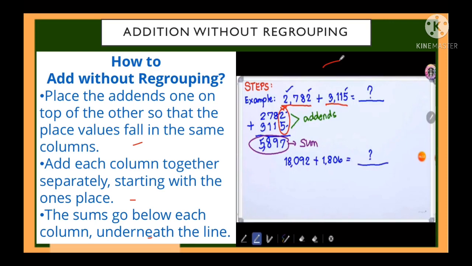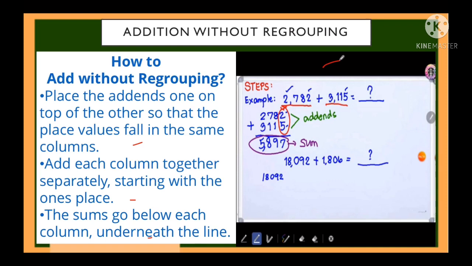Alright, so remember the first step? Our first step is to line up the two addends. So I will put here first the 18,092.